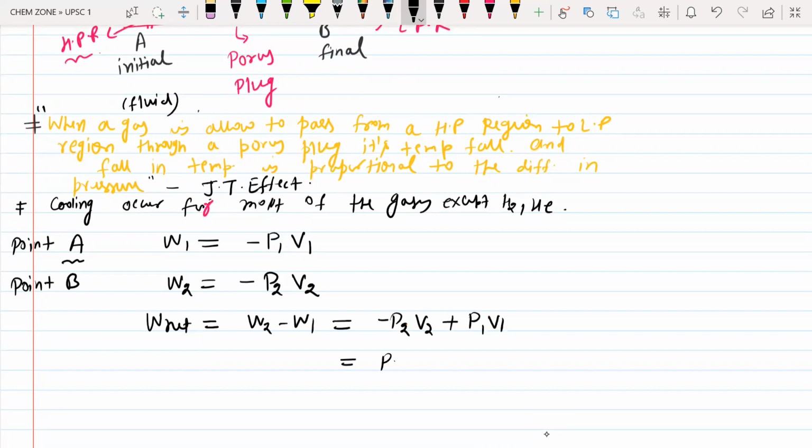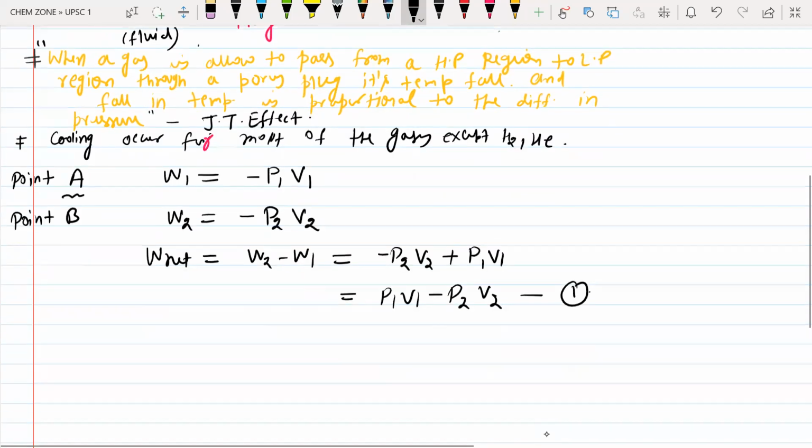We can write this as P1 V1 minus P2 V2. Let us call it equation 1. So this is the net work done when we apply pressure P1 in order to allow the gas to move from chamber A to chamber B, high pressure region to low pressure region.